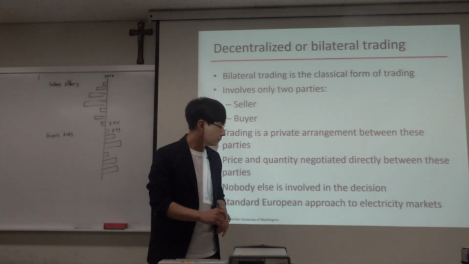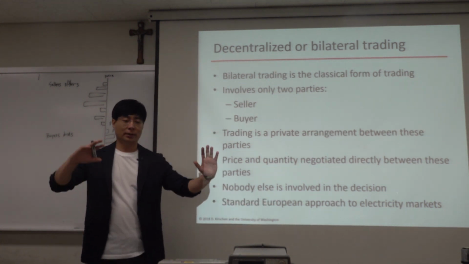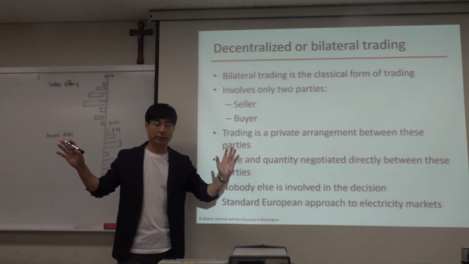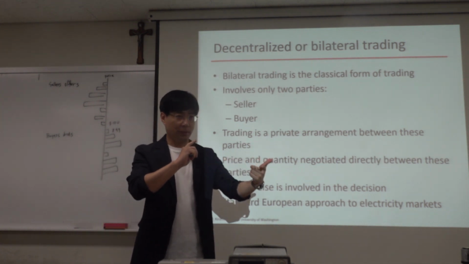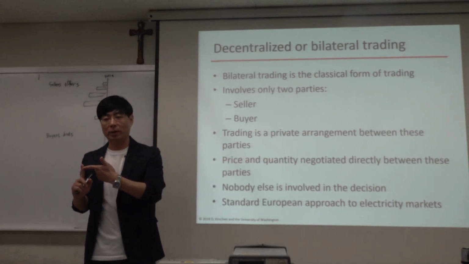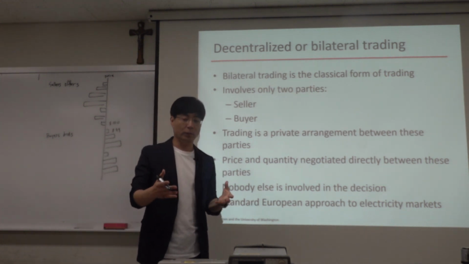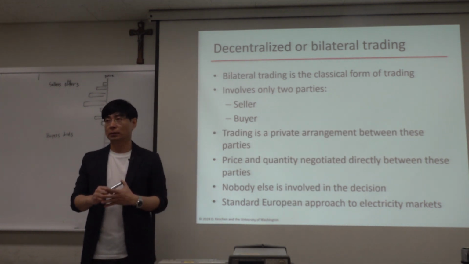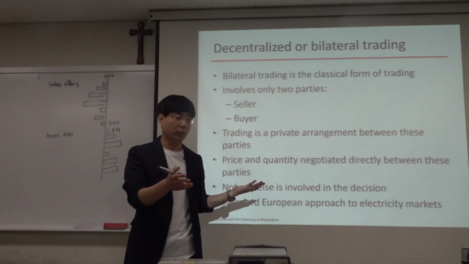and actually this kind of bilateral trading is used in the standard European market. So Europe and the United States, North America, typically have different systems for power systems, for communication systems, right? So in North America, the standard low voltage is 110 volts. In Europe, that is 200 or 220.